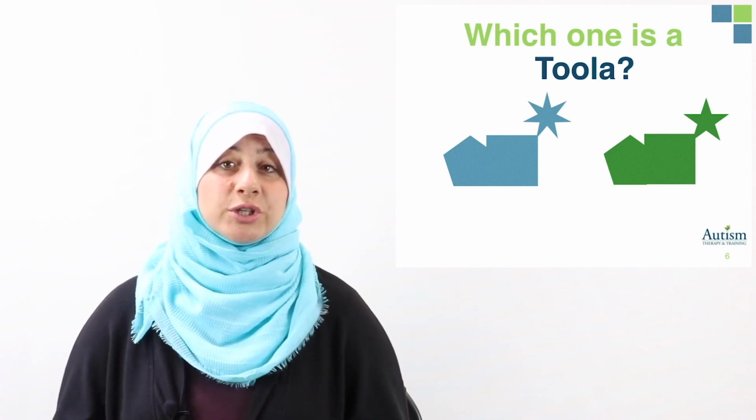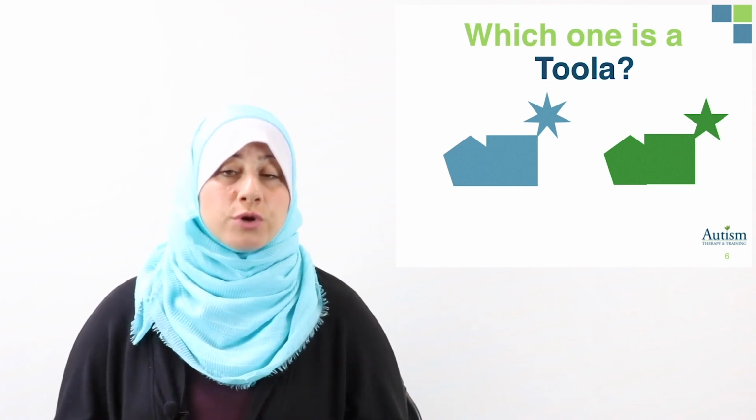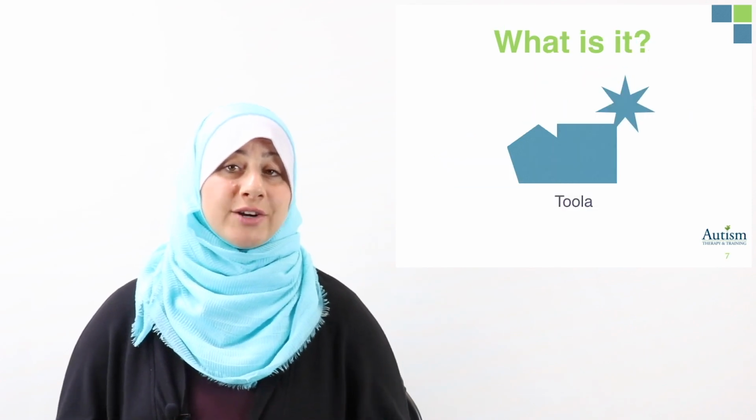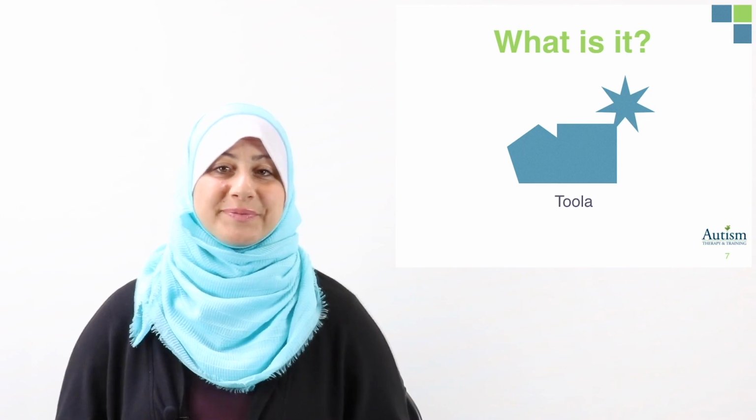It's easy for us to look at two pictures and discriminate one from the other. But if we don't know what it is, then we need to be taught which is which. Suppose I told you that this one here is a Tula. Easy enough, right? Let's continue.